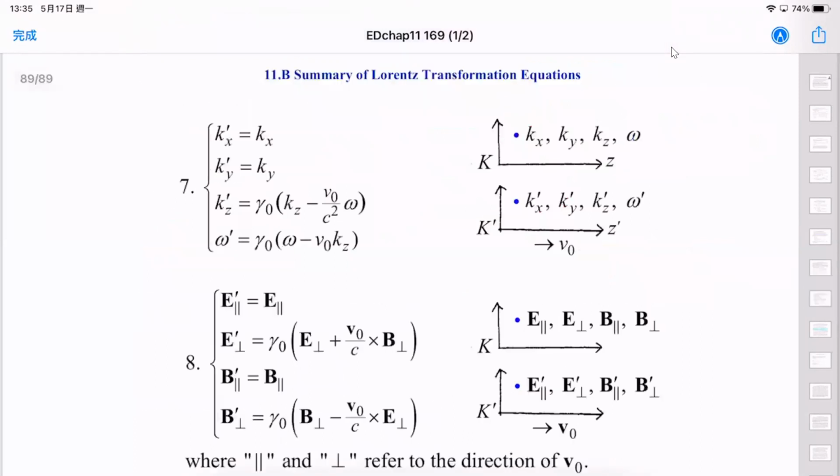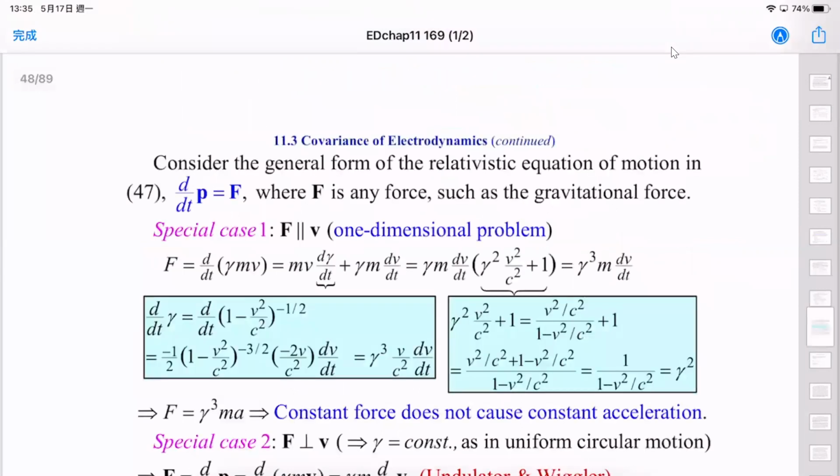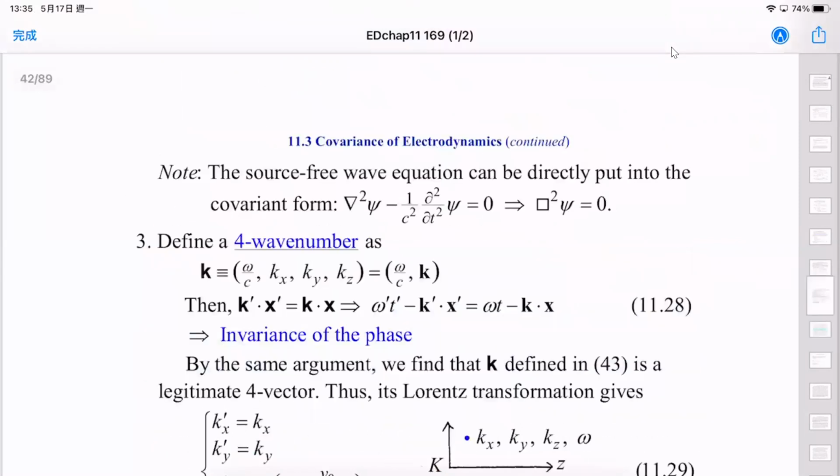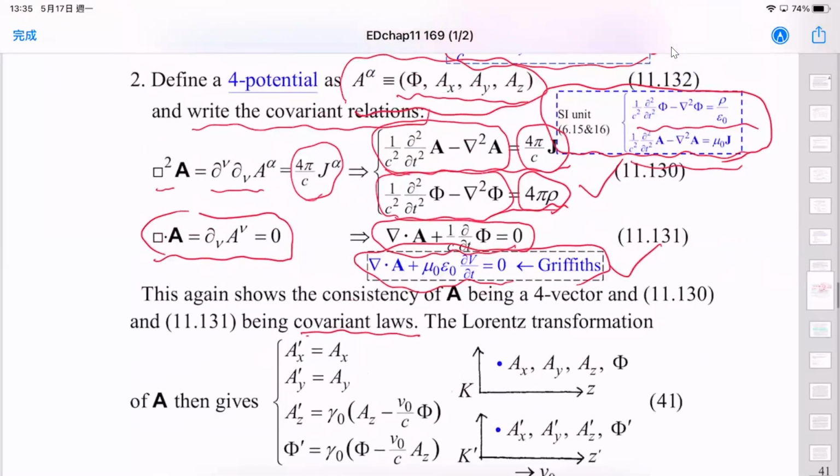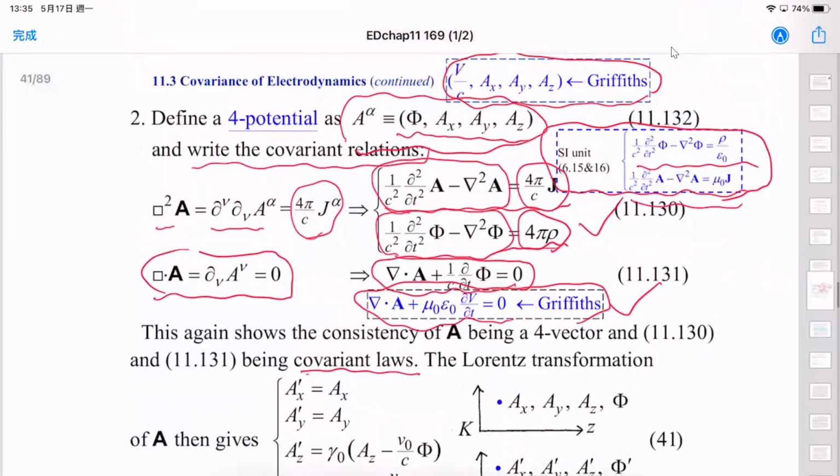The Lorentz transformation between A and A prime is here. A vector potential and a scalar potential, just like the previous case, is shown here.